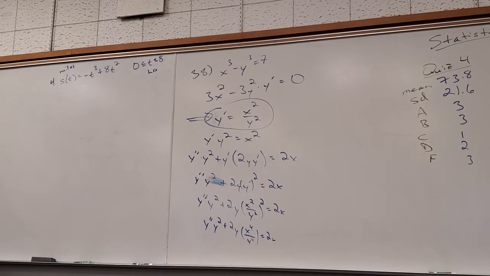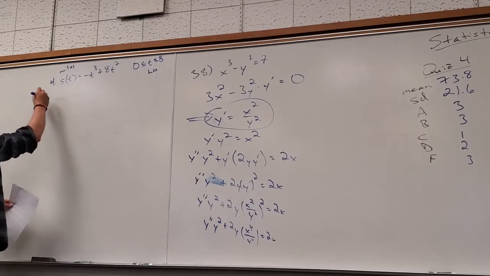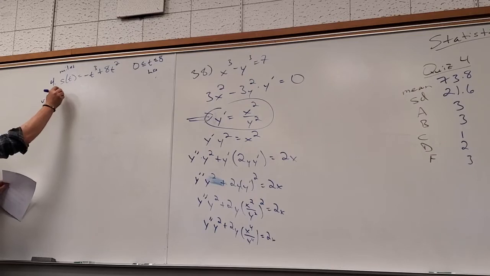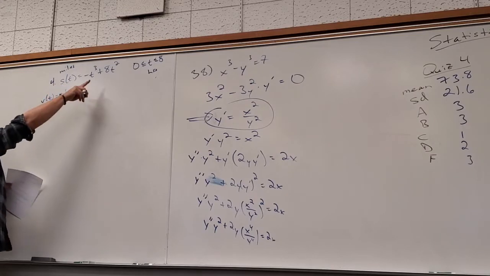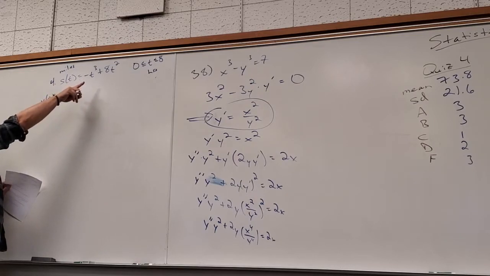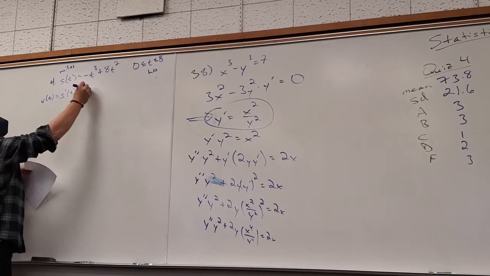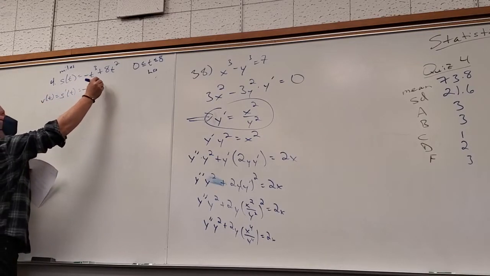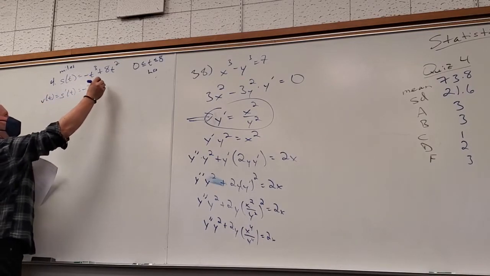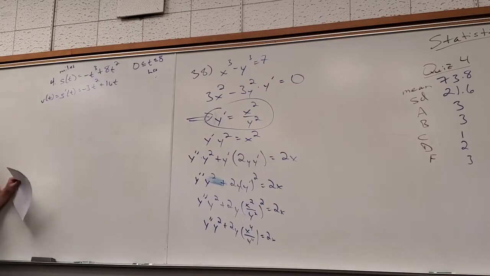So I ask a lot of questions about velocity, acceleration, position. This, of course, is the position function. I didn't give you the velocity function. How do you find it? Derivative. So velocity is the derivative, which will be 3 plus 16t.